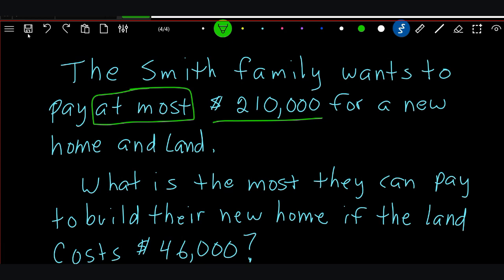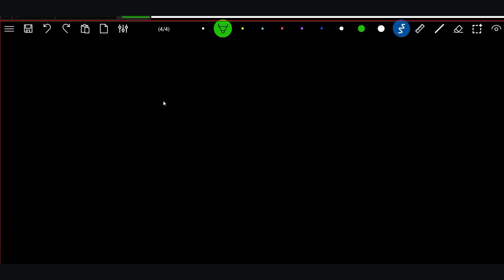So in this case, this one's going to be an equal to. It's got to be less than or equal to that. So that's where you find the inequality in this one, what sign to use. We could actually say they want to spend less than or equal to $210,000.